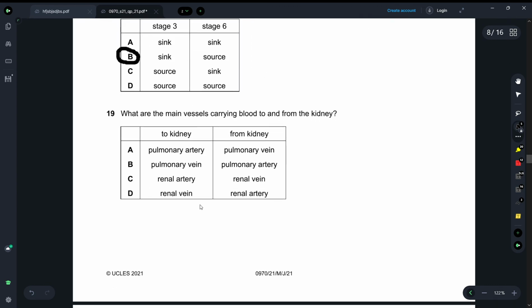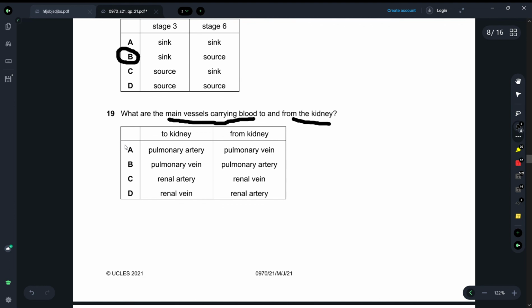Question 19. What are the main vessels carrying blood to and from the kidney? Okay, guys, you must know this. It's for the kidneys, not for the heart. In the IGCSE and GCSE courses, you are required to know both of them, sadly, heart and kidney, and sometimes also the liver. They're asking what are the main vessels carrying blood to the kidney.